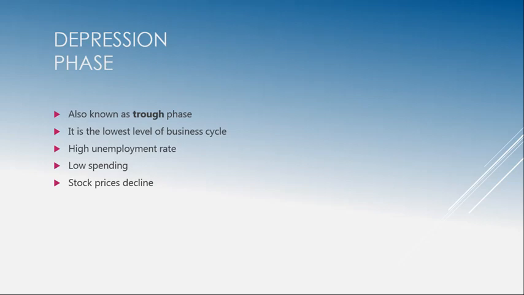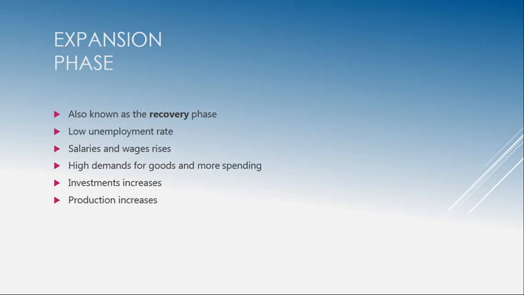The business firms are not ready to borrow from banks because there is no demand. They don't want to take a loan and produce more. That is why the banks lower the rate of interest. Then there will be further decline in the level of economic activities, and that is why the business cycle reaches its lowest point. That lowest point is the trough.